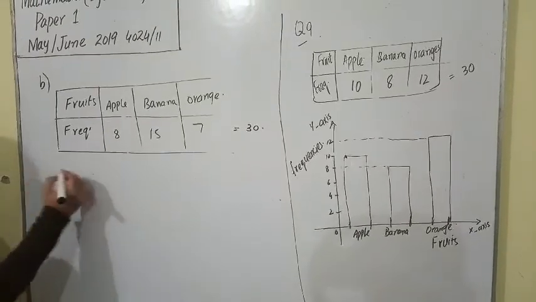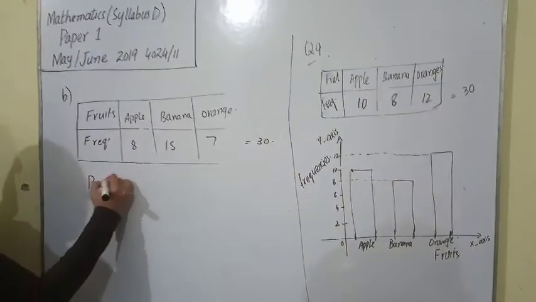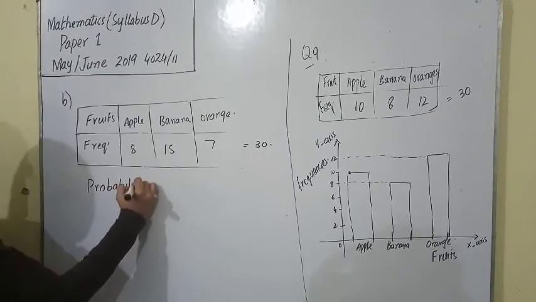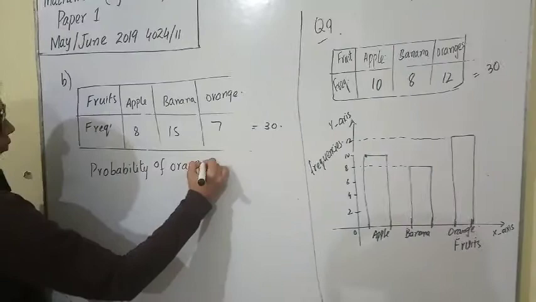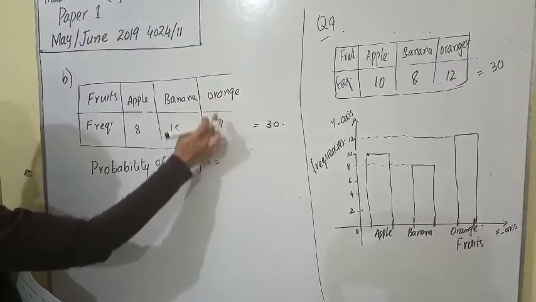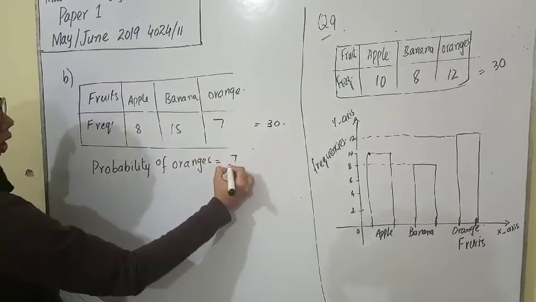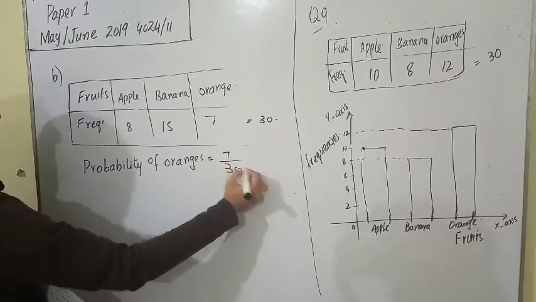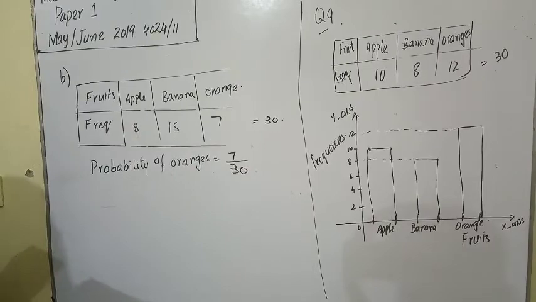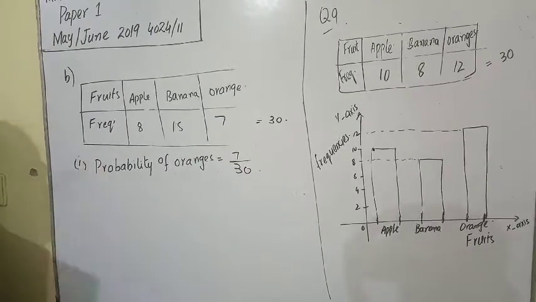Simply we will find the probability of oranges: oranges are 7 in number and the total sample is 30, so the answer will be 7 by 30. This is the first part of B.